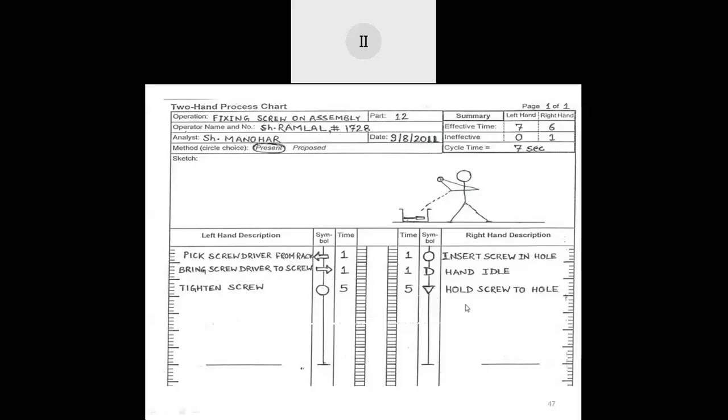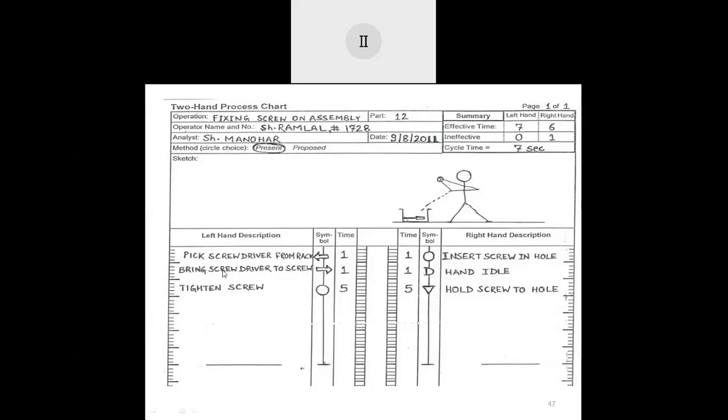That's why the symbol is on the right hand side. After picking the screwdriver, he will take it to the screw so that he can tighten it. At that time period our right hand will be idle because he already inserted the screw, and now the right hand doesn't need to do anything.